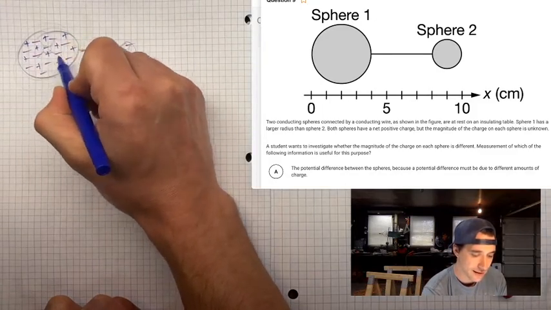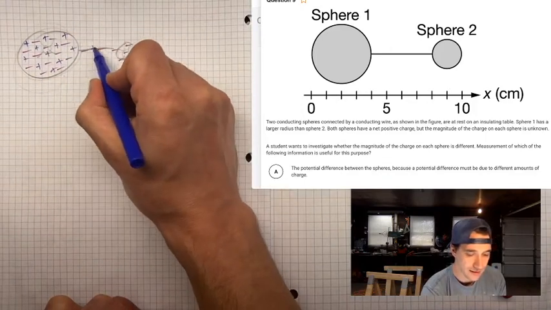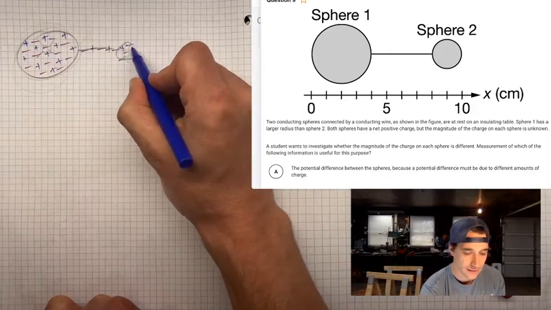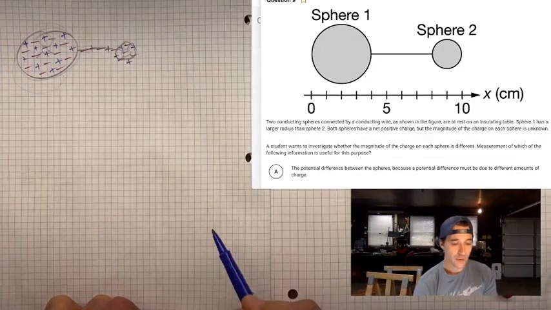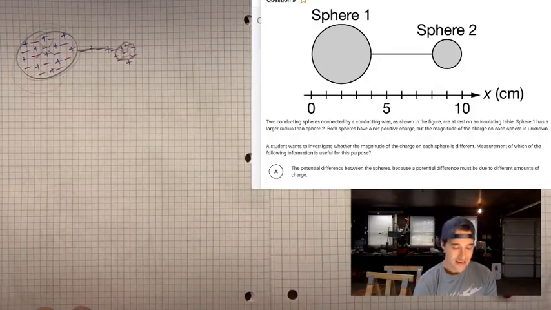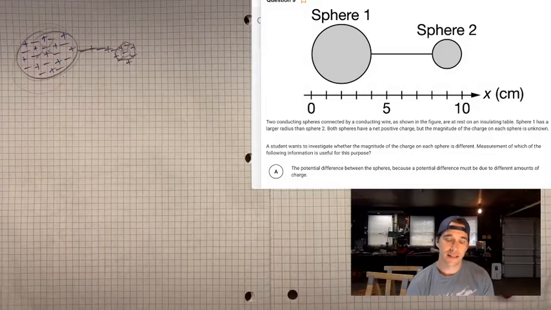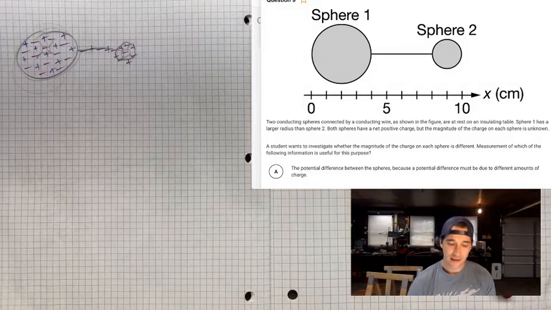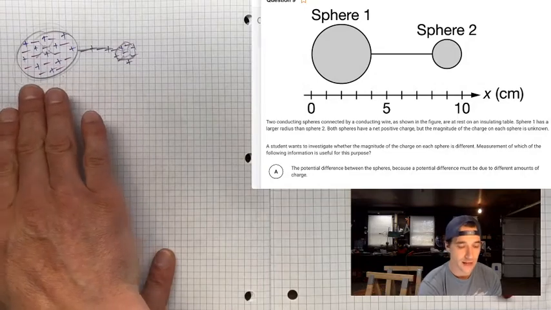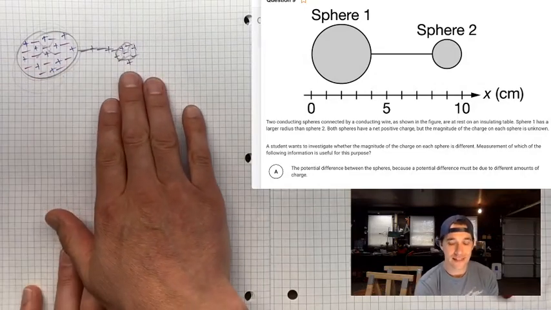And the same thing in the wire, and the same thing in this sphere. So for the most part, the charge density is constant throughout this system. That's what it means for these electrons to come to a state of equilibrium. It doesn't mean that the absolute number of electrons on the left and on the right is the same.